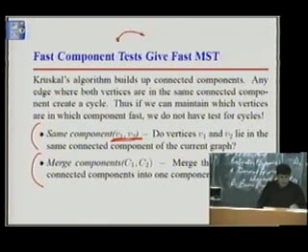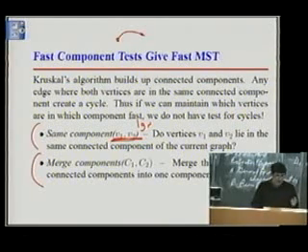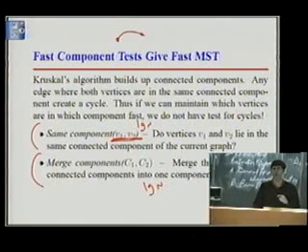If I could answer this question in log time, and if I could then add that edge to the graph in log time, then how fast would Kruskal's algorithm be?